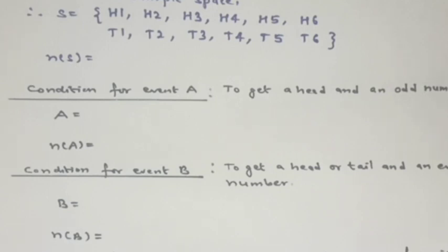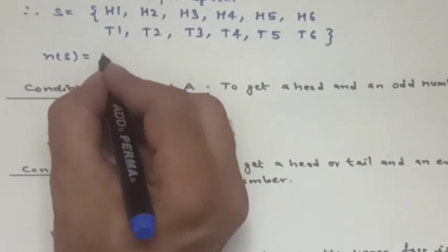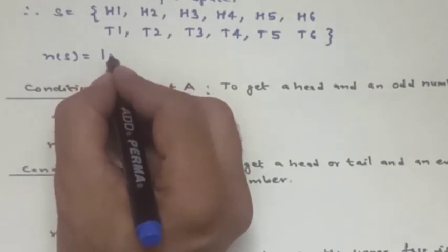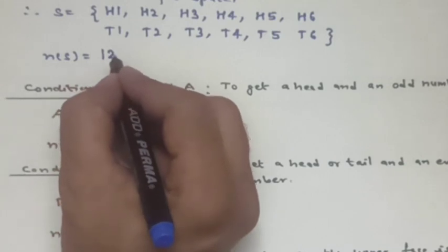So you are having number of sample points 6 into 2, that is 12.